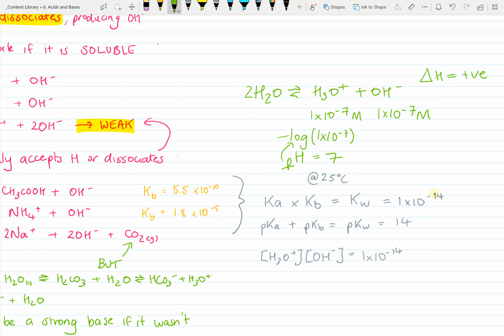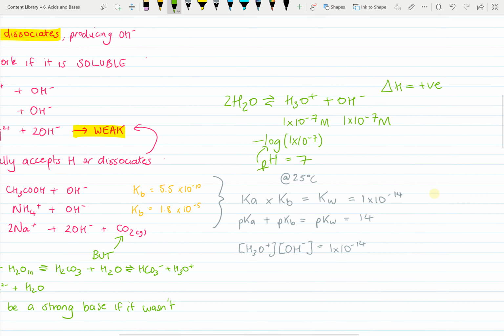And note that by definition, or kind of what neutral means, I'm now trying to talk about pH equals 7 and what that means, neutral water. So neutral means that the concentration of hydronium equals the concentration of OH. Okay, so it's the only time that they're even, that's neutral.